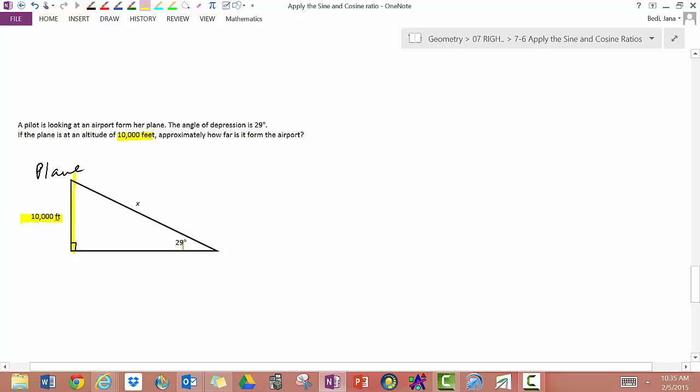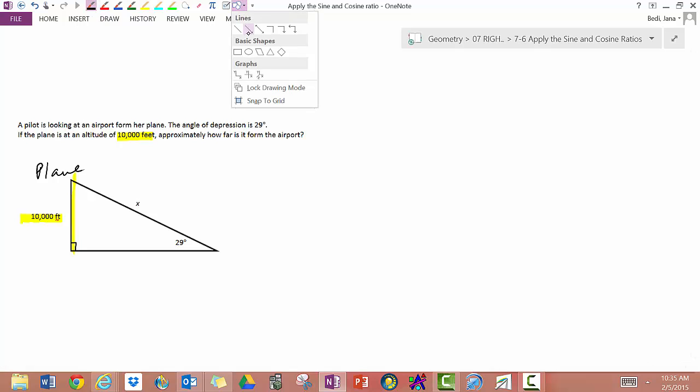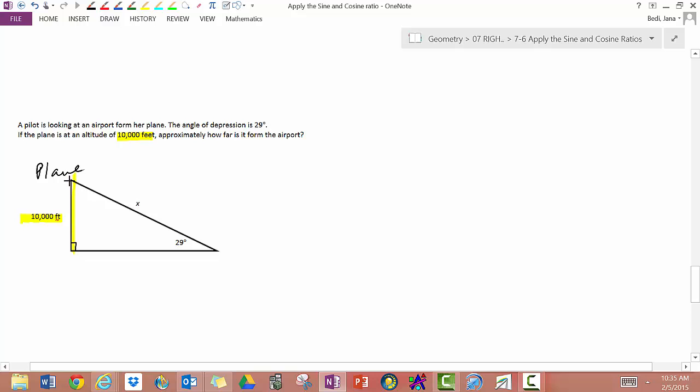Now you're going to ask yourself why you've got the 29 here. I'm going to just remind you that the actual angle of elevation is 29 degrees here as the pilot's looking out, but these are parallel lines. The ground is horizontal, and so is the line that you make the angle of. So these two angles are congruent. Therefore, you have 29 degrees here, and you want to know how far the plane is from the airport.